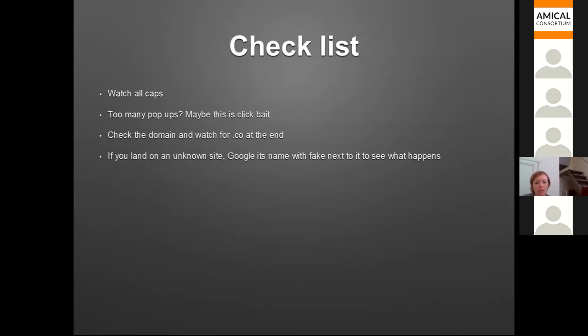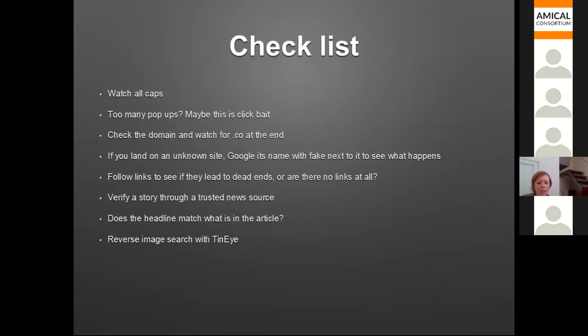Google the name of the site with fake next to it and see what comes up if you're unsure. Follow their links without getting into the rabbit hole. It's very hard. Look at the story through a news source you trust. Also, TinEye is a good reverse image search, so check that out.